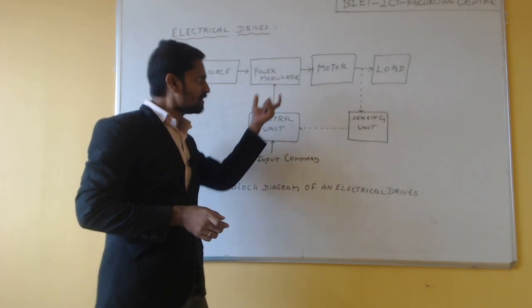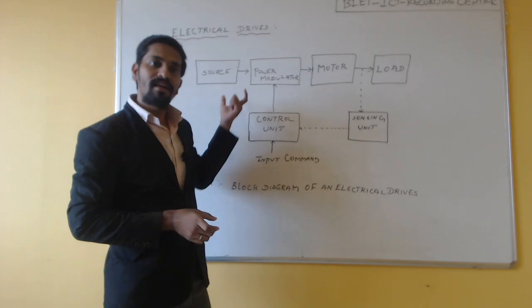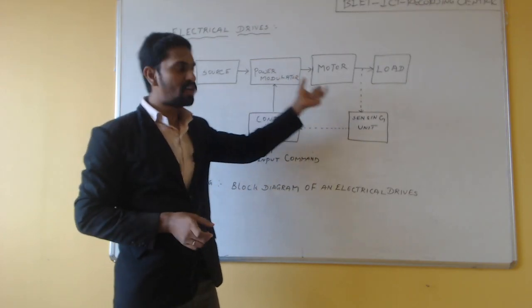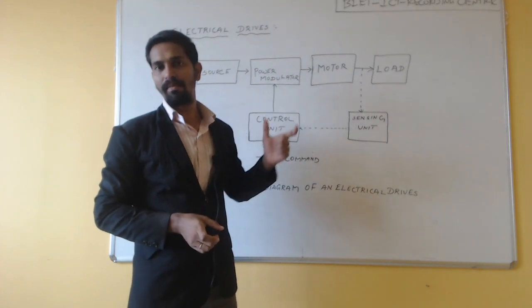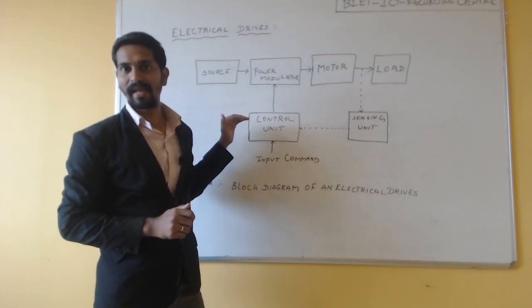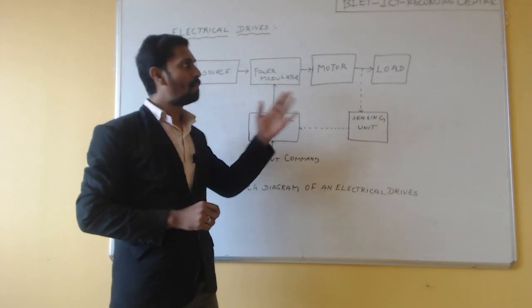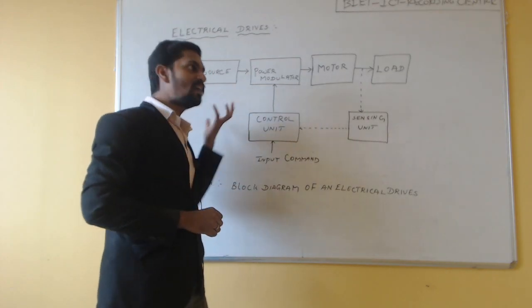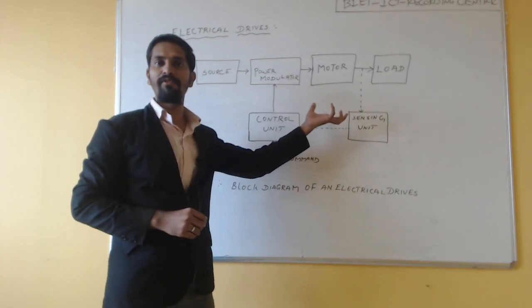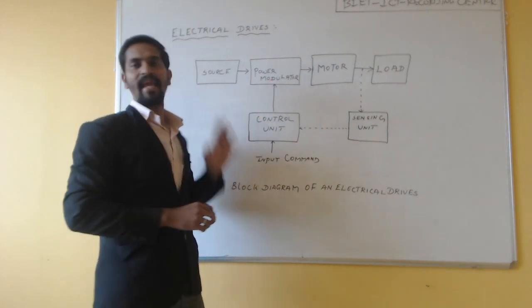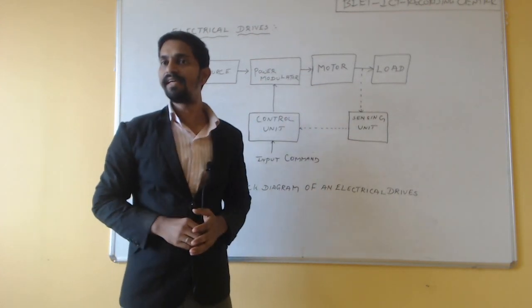By using the power converter, we convert the electrical energy and give it to the motor in a suitable form. For example, if we have the electrical power supply as AC supply, but I am using a DC motor, I can't directly give power to the motor, because I have an AC supply and my motor needs DC supply.